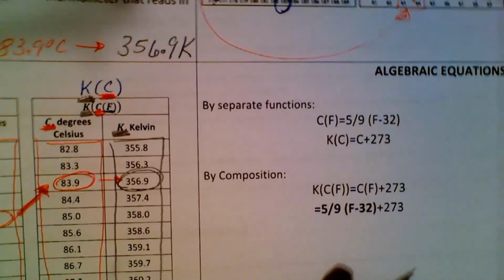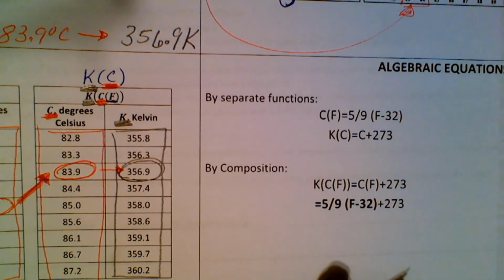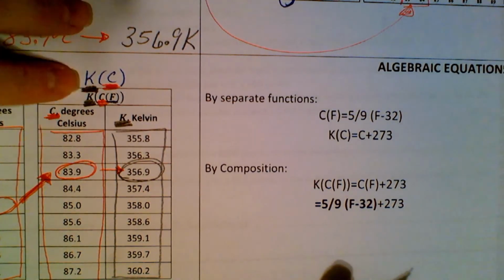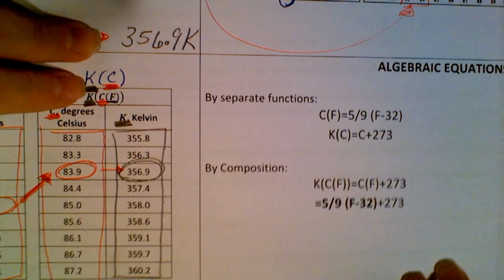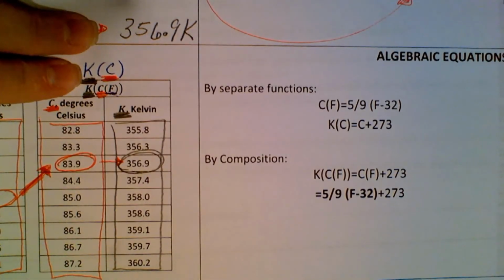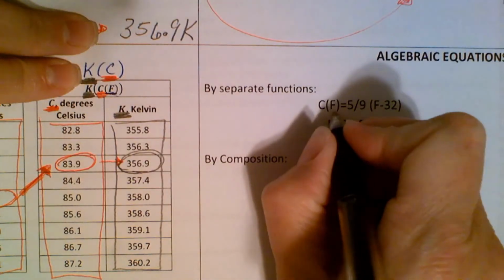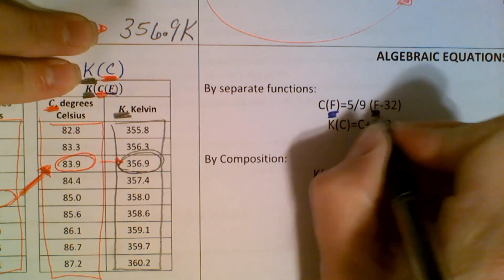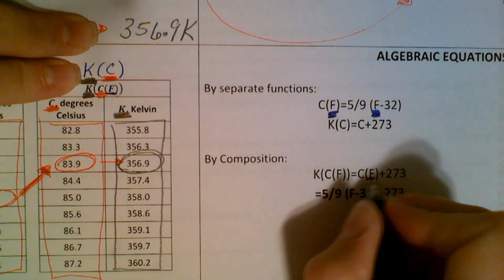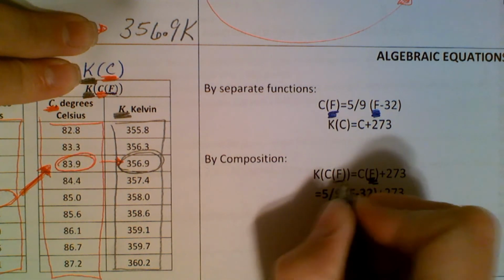Now, the problem is this algebraically, scary. So all we're going to do here is we're going to do some color coding, and then I'm going to do one fancy writing thing that I kind of wished we had here. We started with degrees Fahrenheit, so everywhere I see the F, I'm going to color code that blue.